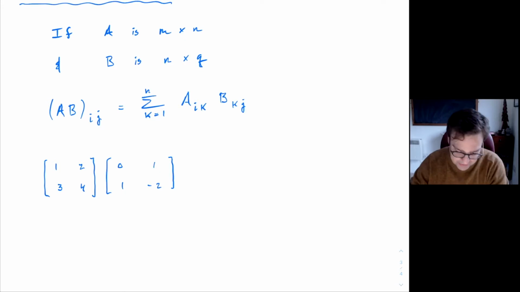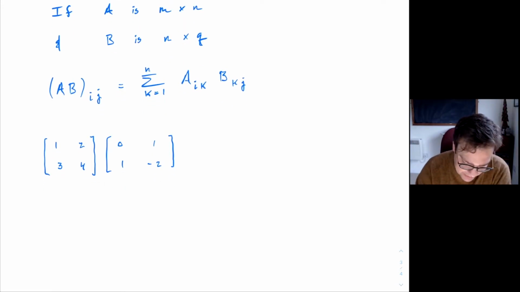Okay, so let's go ahead and do this matrix multiplication. I'm going to start by looking at the sum up here, but then do it the way I do it in my head. The first element of A times B is i equals 1, j equals 1. So it's going to be this sum over k of row 1 of A going across the row and column 1 of B going down the column.